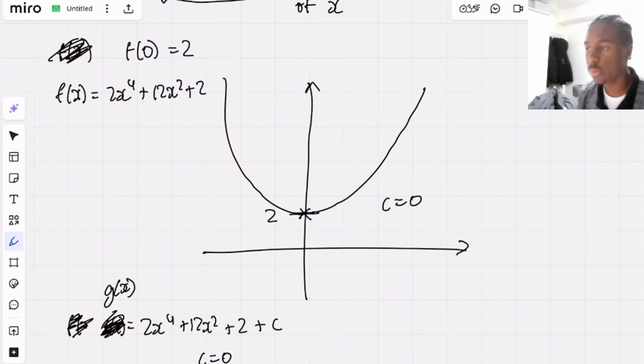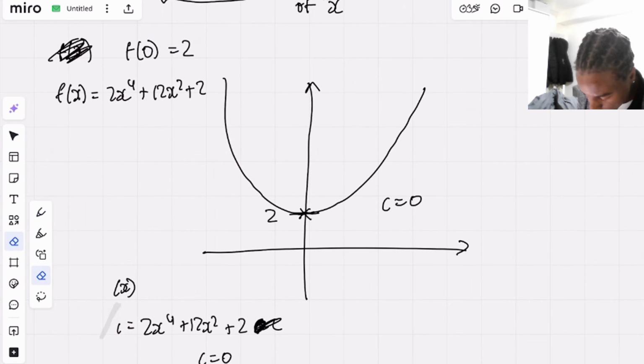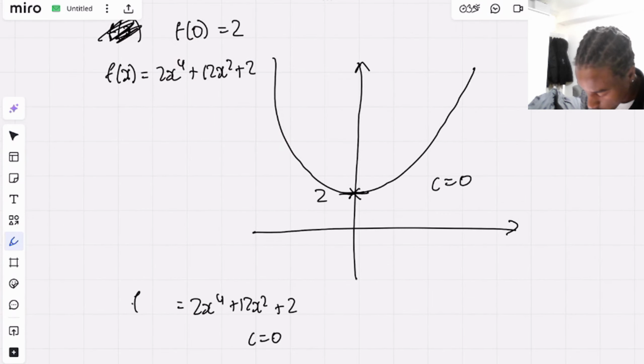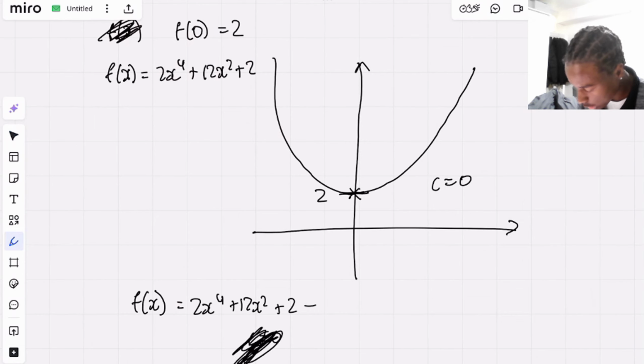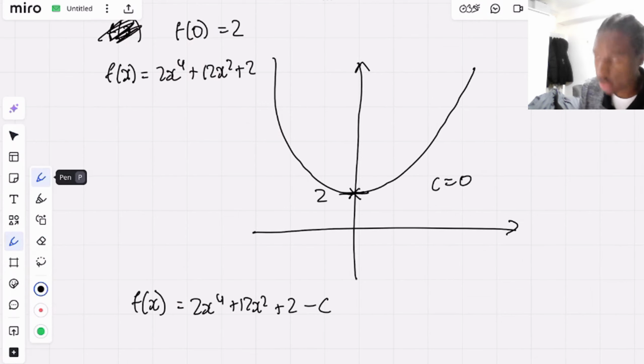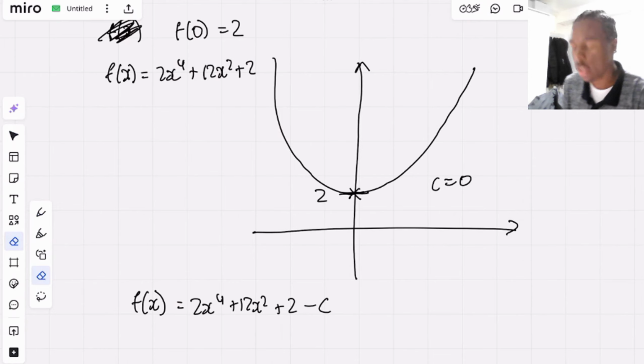Now, sorry, this should be minus c. Let me erase some things. And in fact, I'm going to call this f of x. And I'm going to put minus c. I keep forgetting this isn't another software that I use which allows me to rub things out a bit easier.